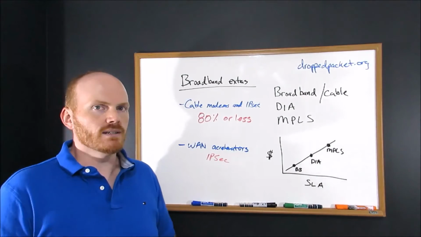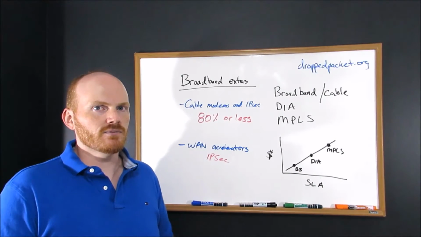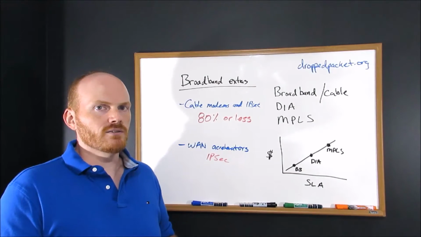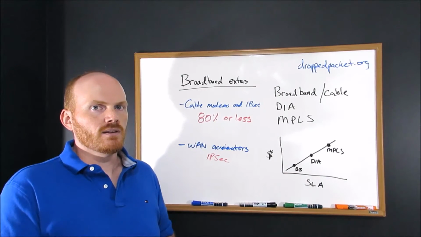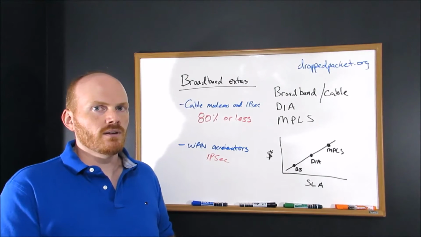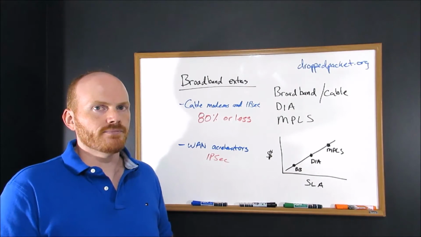One other thing to keep in mind is some broadband providers use WAN accelerators within their core. That's another thing that could potentially affect IPsec traffic. If you have packets going from one end to the other, and the provider's running WAN accelerators within their core, your IPsec traffic typically can't be accelerated, and it'll hit a policer going across the core.